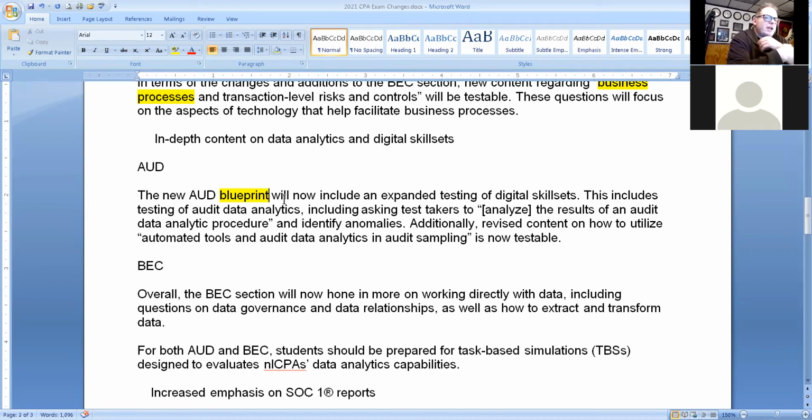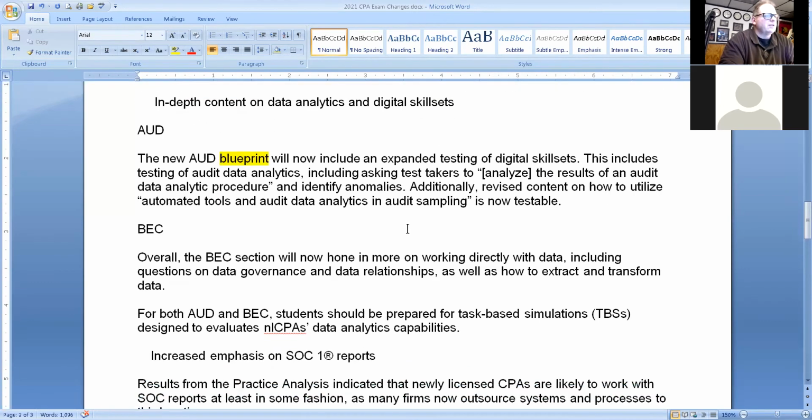The blueprint is considered what, at least theoretically, you should be studying for. It's actually very large, probably like 50 pages or something, but I can send it to you.